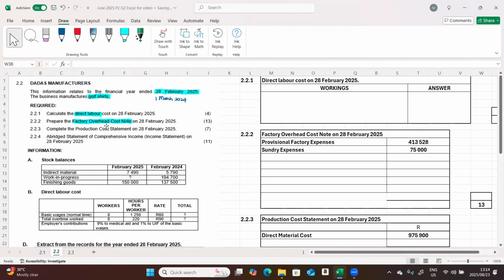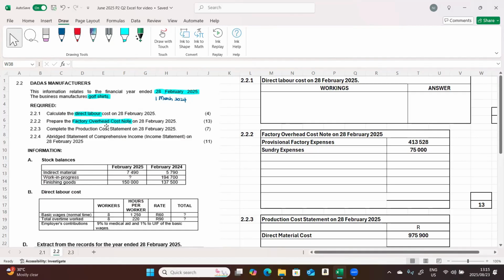The best way to explain this is we have our direct labor, which is separate; we're going to do that in 2.2.1. Then we also have our direct material. Our direct labor and direct material make up our prime cost, that is the material and the hours that go into manufacturing golf shirts.